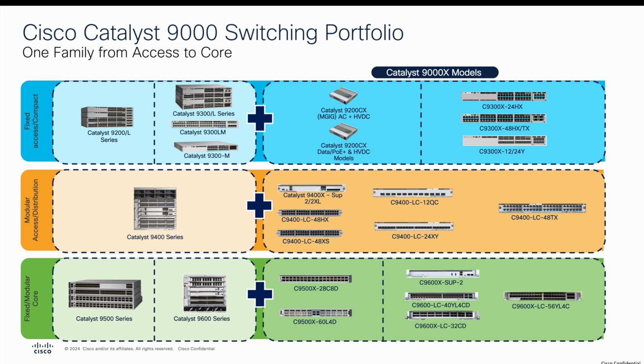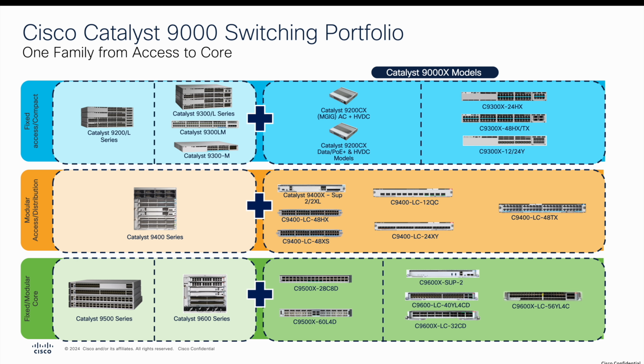In terms of our modular access distribution offerings, we have the 9400 series, which also has the latest generation 9400X supervisor alongside various line cards that particular series of switches offers.